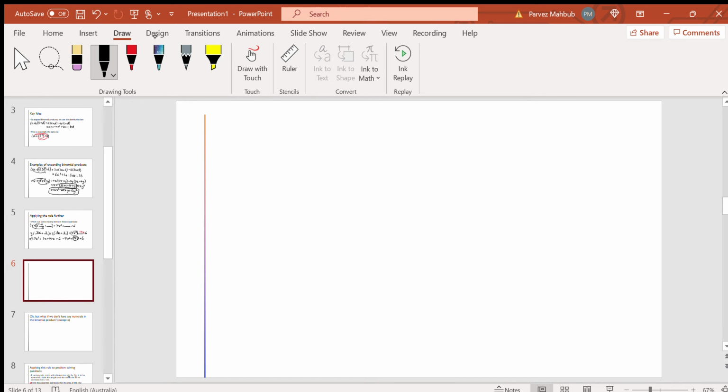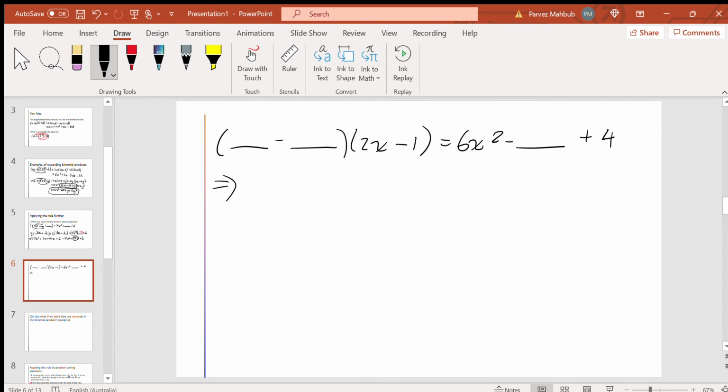Let's do another example of this. So we can do something minus something times 2x minus 1 is equal to 6x squared minus something plus 4. Okay, so what we can do here is we can multiply this by this and this by this as we did before.